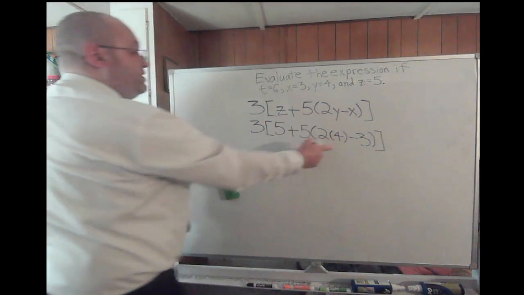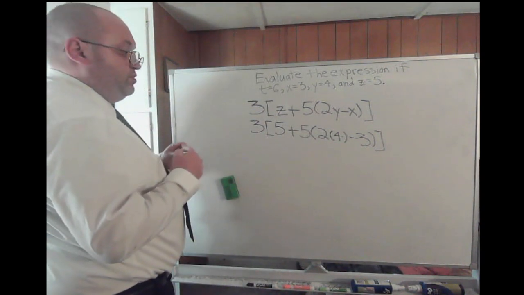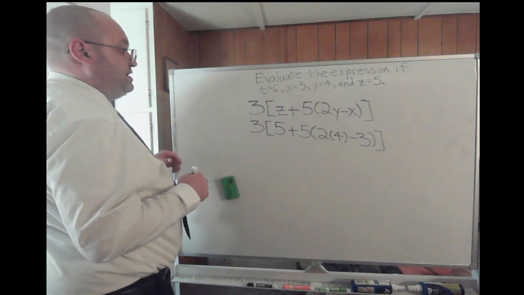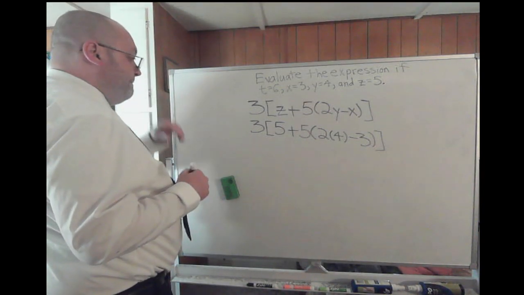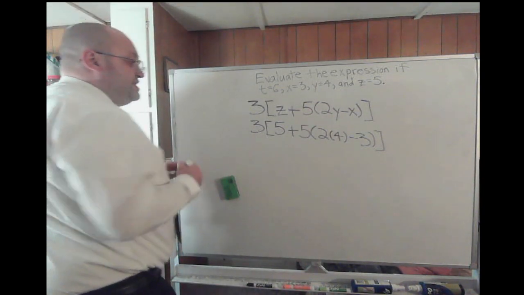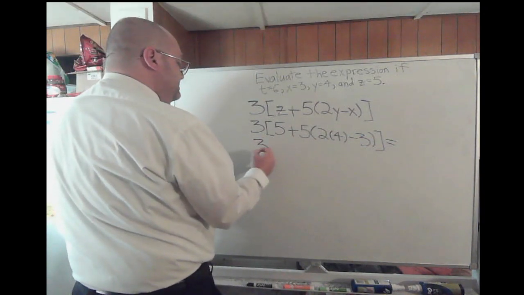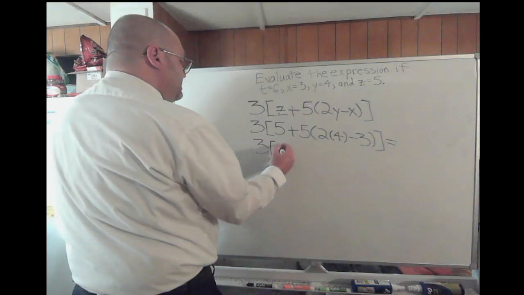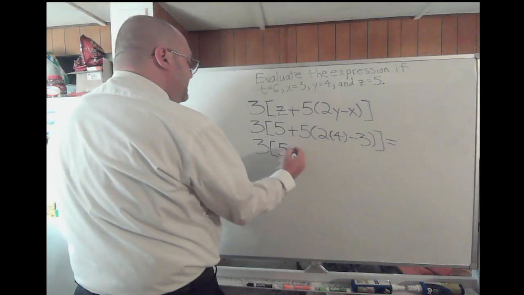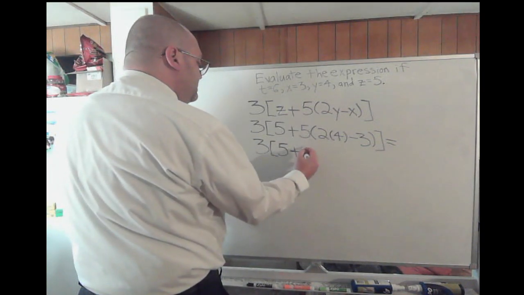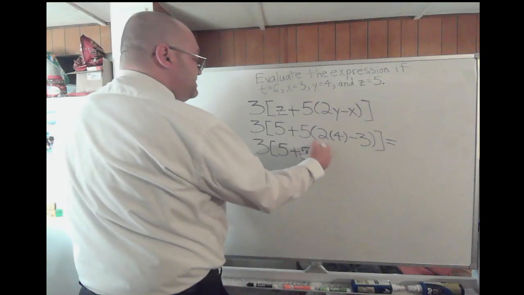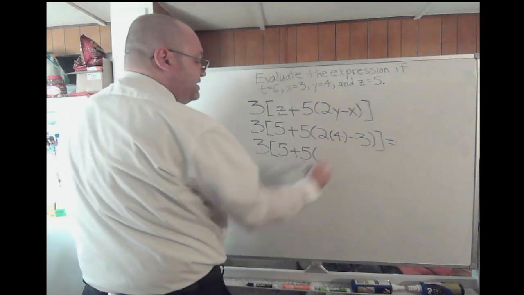So now we got parentheses inside of parentheses, which are nested parentheses. Well, order of operations tells us you start with the nested parentheses first. So you'll have 3 on the outside of the bracket still, times the quantity of 5 plus 5. Now inside your parentheses, you have 2 times 4 minus 3.